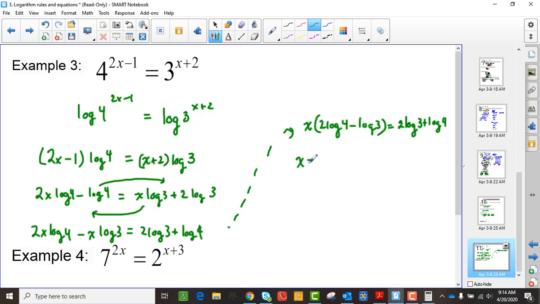So x is going to be 2 log 3 plus log 4 divided by 2 log 4 minus log 3. And at this point, we're just going to take our calculator and say, what does that give me? I'm not using the one on the computer because it doesn't allow me to do this all at once. So I'm going to use my calculator that does.